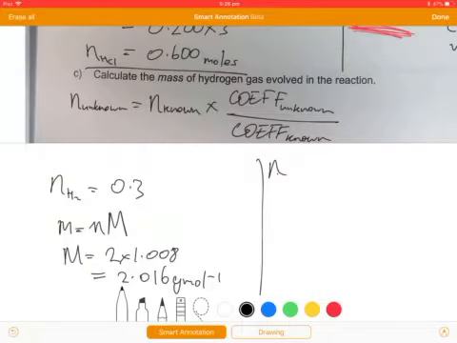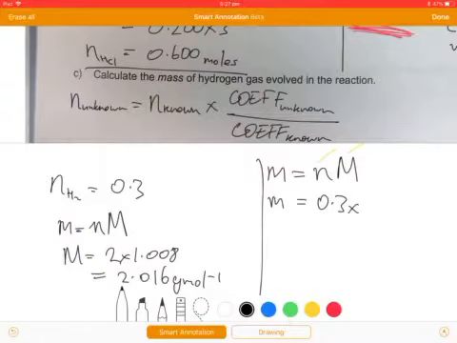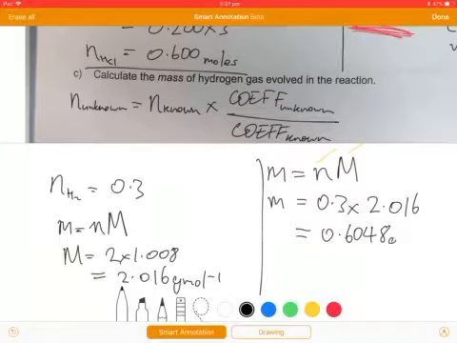Therefore, our mass is equal to little m times big M. We know both of those now. So our mass is equal to 0.3 times 2.016, and that is equal to 0.6048 grams.